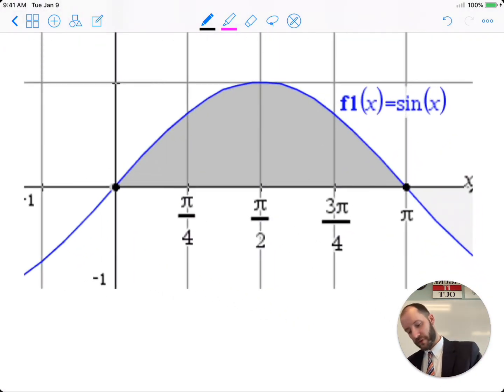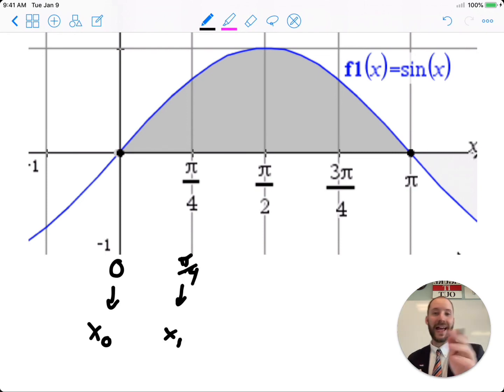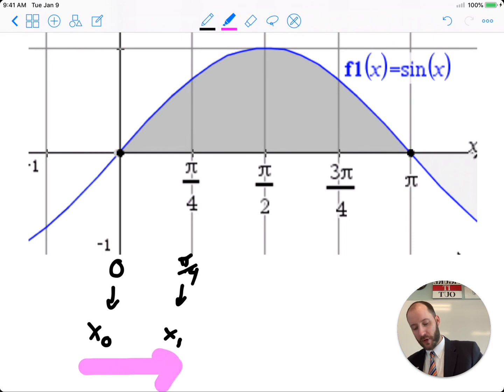If you have equal partitions, so pi over 4 partitions, just remember that it starts at 0, so that's your x sub 0 term. Pi over 4 would be your x sub 1, the end of the first interval. So from x sub 0 over to x sub 1, that's the first interval, the first rectangle.